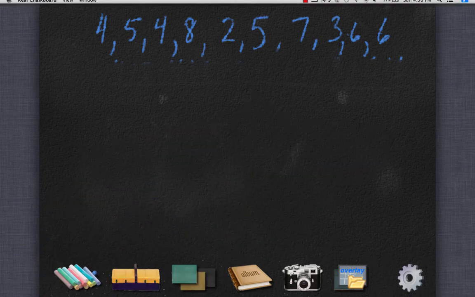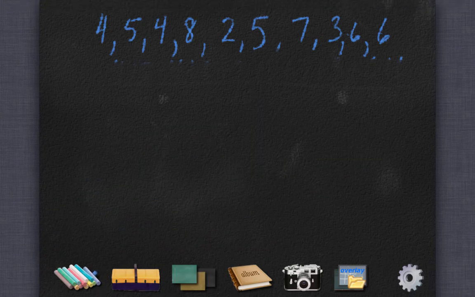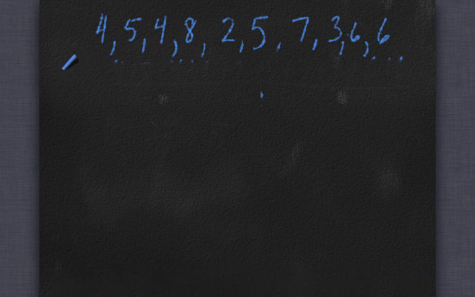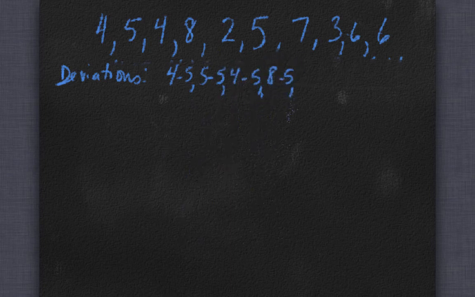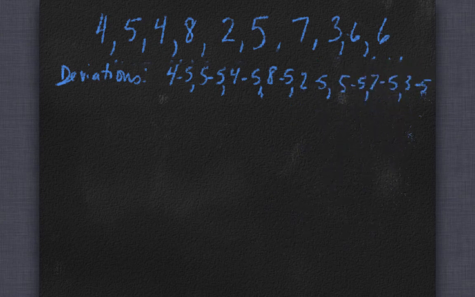then you calculate the deviations. Because remember, it's a standard deviation. So 4 minus 5, 5 minus 5, 4 minus 5, 8 minus 5, 2 minus 5, 5 minus 5, 7 minus 5, 3 minus 5. All I'm doing here is taking this list and subtracting 5 everywhere.